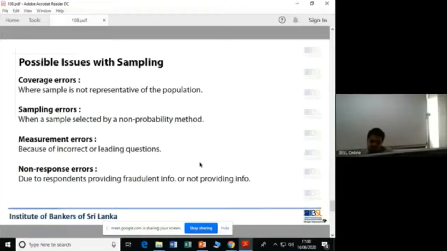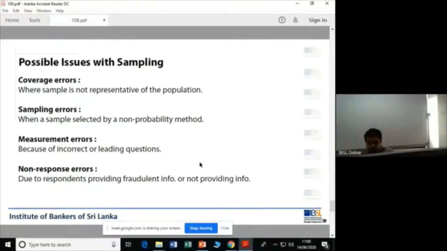Now here, the important thing is the measurement errors occur because of the design or because of some biasness towards a certain point in collecting data. But non-response errors come because the responses from the selected sample will not give the exact intended answers, maybe entirely, maybe partially.